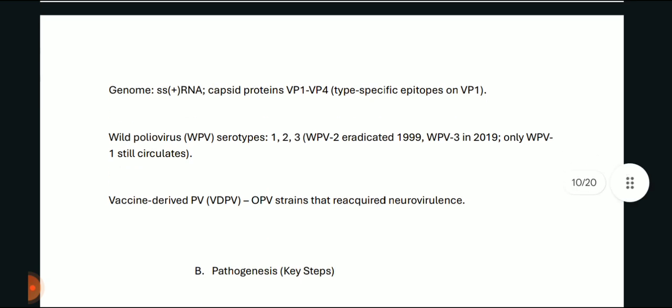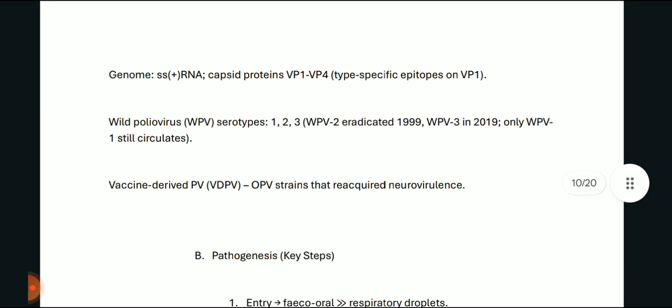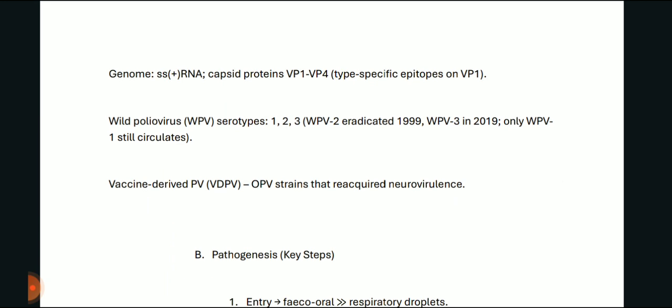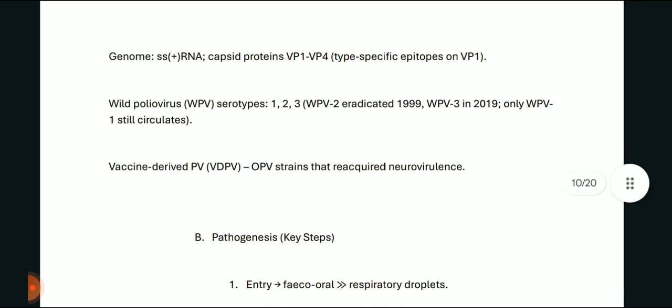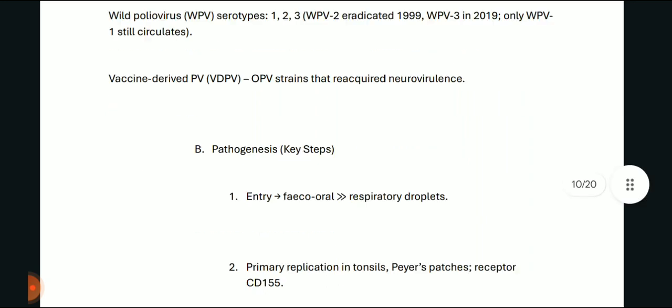While poliovirus WPV serotypes are 1, 2 and 3, WPV2 was eradicated in 1999, WPV3 in 2019, only WPV1 still circulates in some countries. Vaccine-derived PV, VDPV, is the OPV strain that acquired neurovirulence. Some strains which were passed on as vaccines acquired neurovirulence, which is called vaccine-derived poliovirus (VDPV).